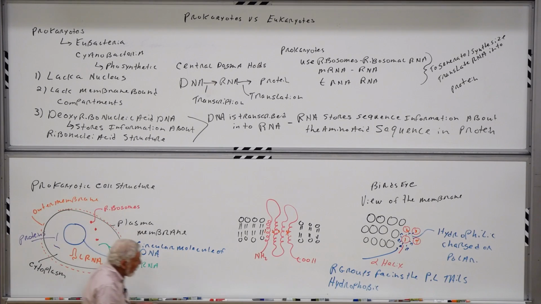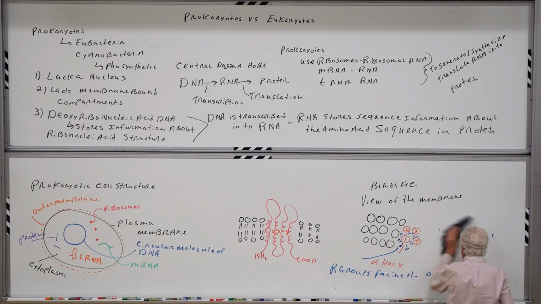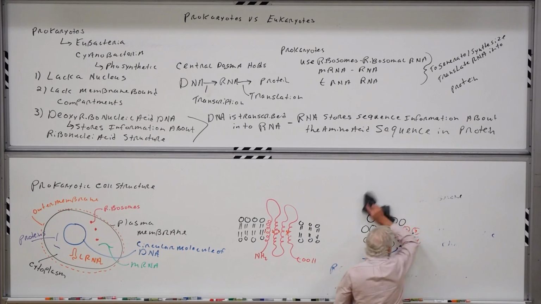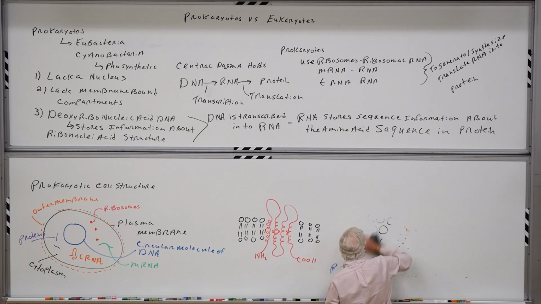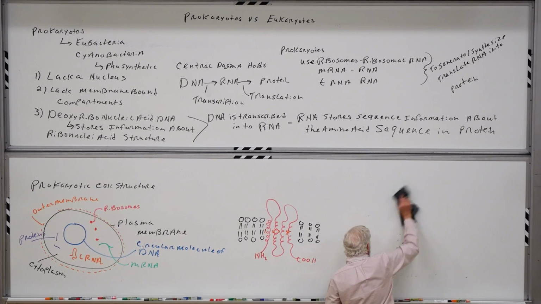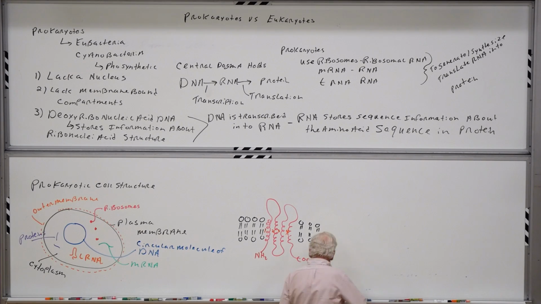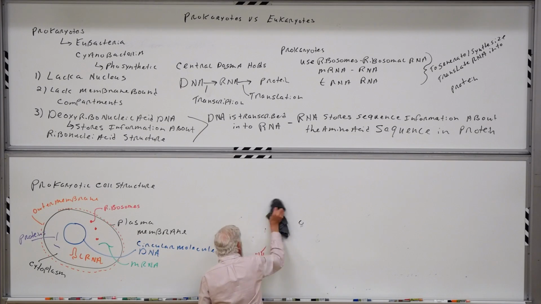So let's go over here and sort of quickly make a drawing of the eukaryotic cell. So when we think of a eukaryotic cell, we're going to, again, have a plasma membrane.